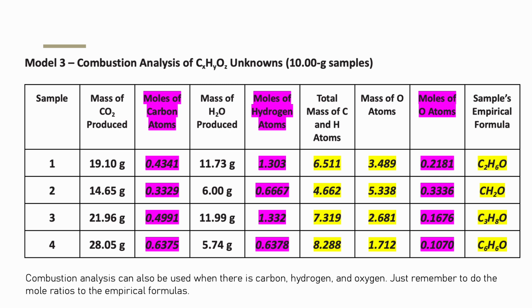And again, they didn't show you the second step, mole ratios. So if you look at sample number 1, the smallest mole is the oxygen. So you would divide everything by 0.2181 and you would get C2H6O. I just simply wanted to show you that you can do combustion analysis for different compounds that have carbon, hydrogen, as well as oxygen. It just takes a little bit more math.